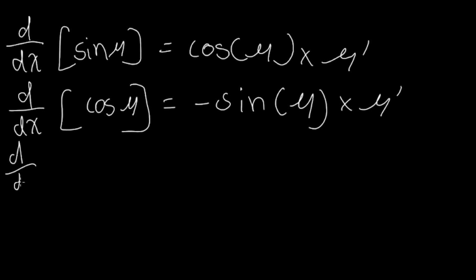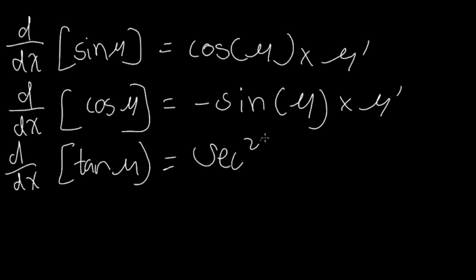The derivative of cotangent, or let me start with tangent actually. Tangent u is equivalent to secant squared of u times u prime. It seems as though I don't have any more space, but it's okay.